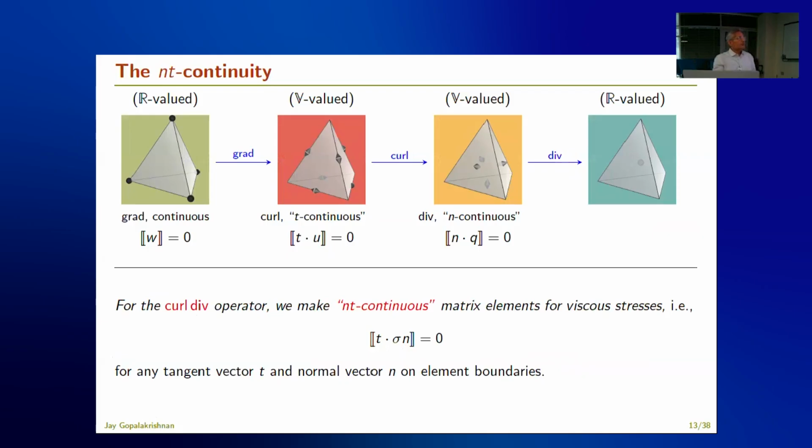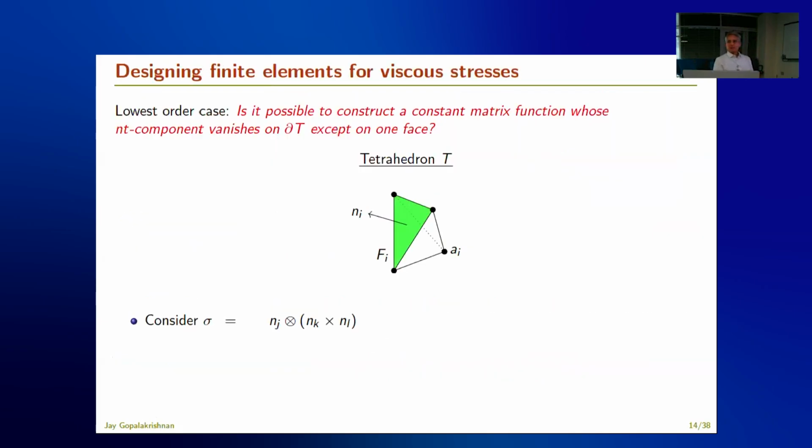So now the question is, how do you make elements like this? Can you make simple elements which have normal-tangential continuity? Okay, so let's look at the lowest order case. I want to convince you that there are simple elements just by looking at the normal vector fields on each of the facets.